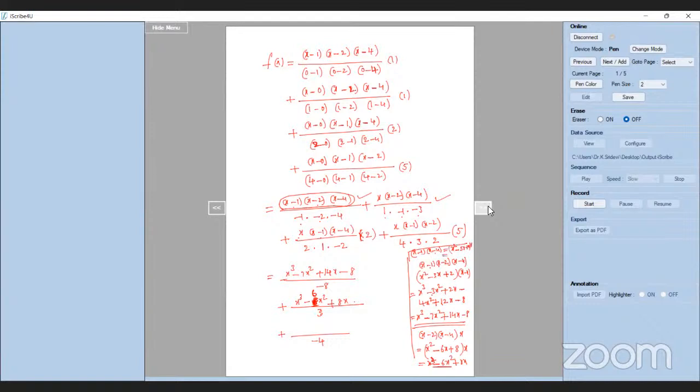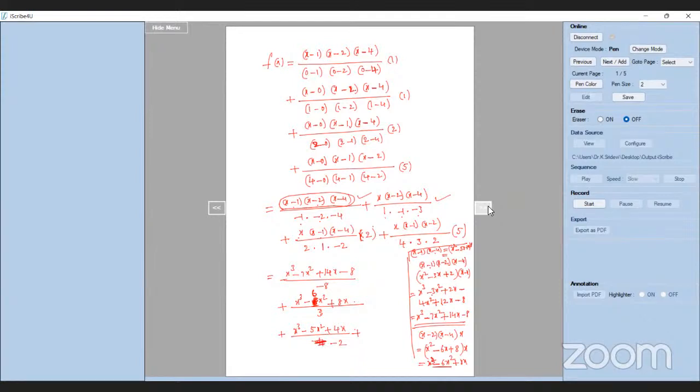So this value is x cube minus 5x squared plus 4x. Is it right, ma? Yes, ma'am. Next. Into 2 will be there. 2 get cancelled. Minus 2 will come only. Okay. Next.